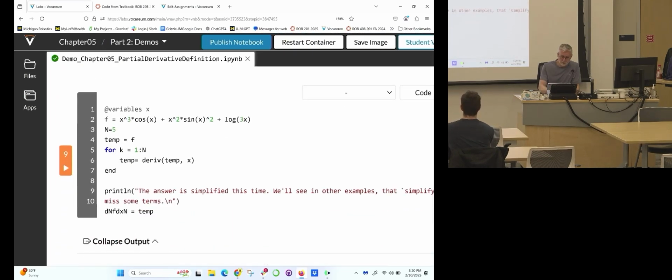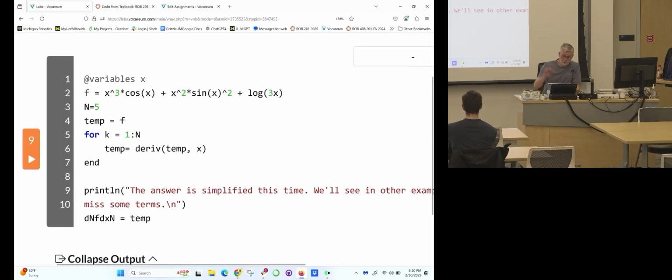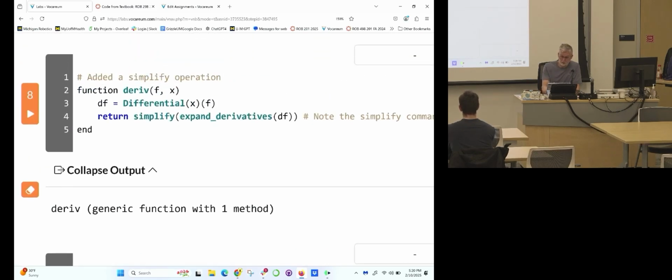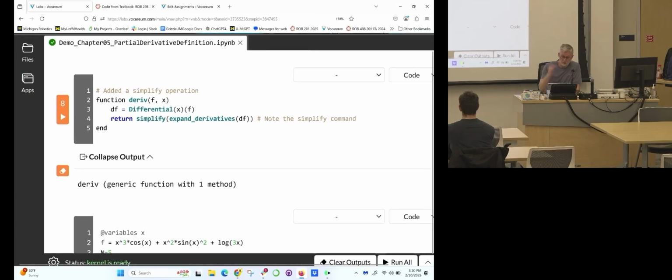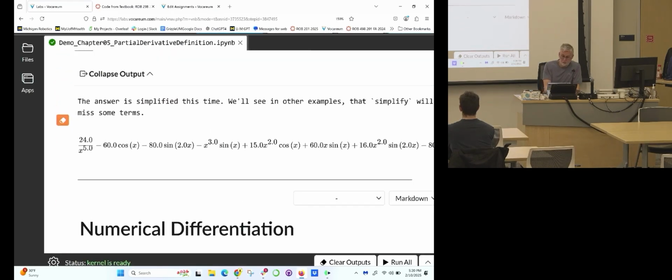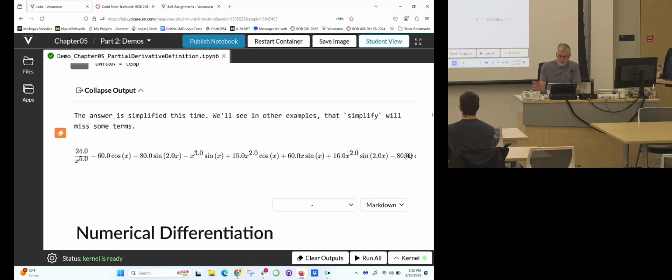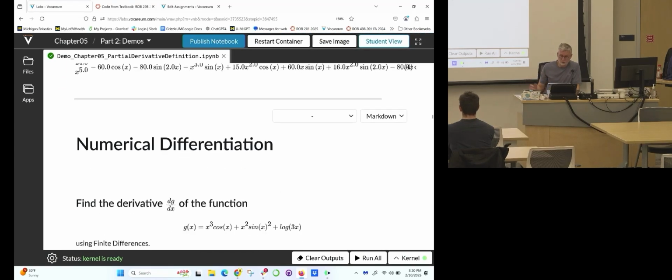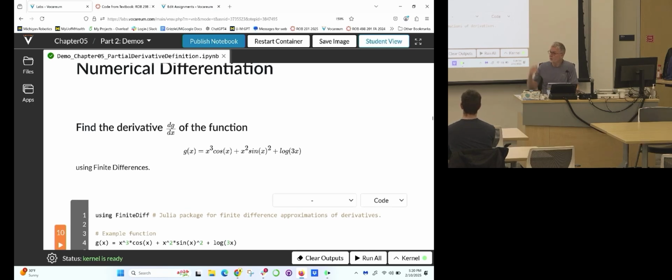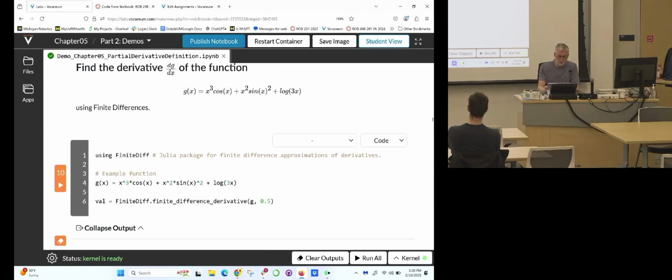And then this is using a slower version of the derivative where the simplify command is being applied. So the cost is time, but you get a cleaner answer, and the sine squareds plus cosine squareds have been canceled. Okay, so you just need to go through and play with those yourself a little bit.